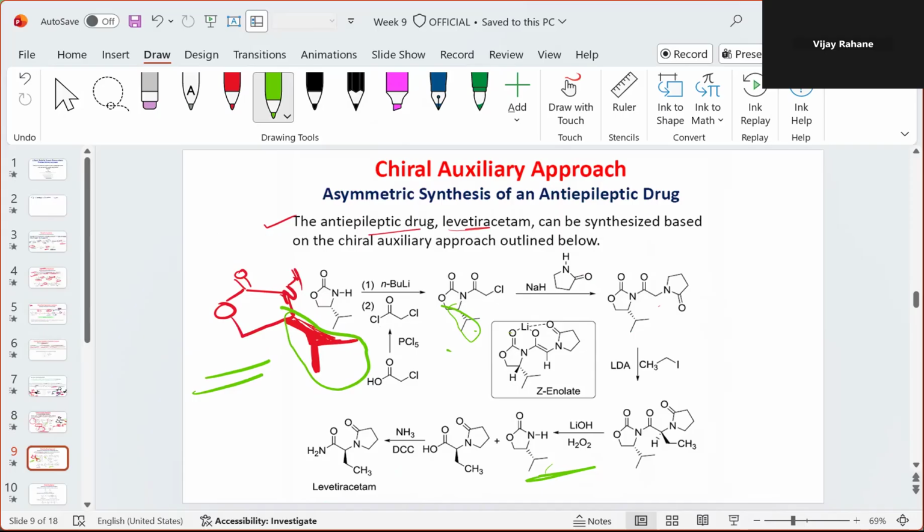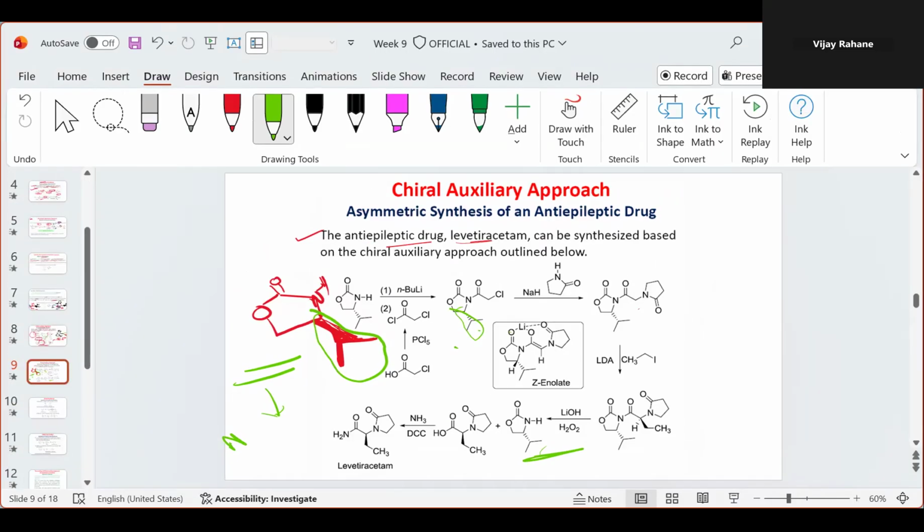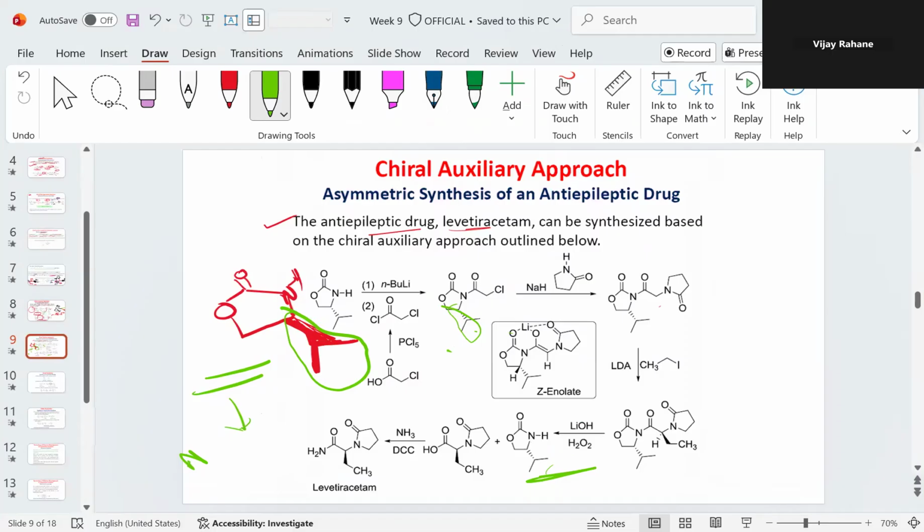The auxiliary part is directing upward, so what product might we get?